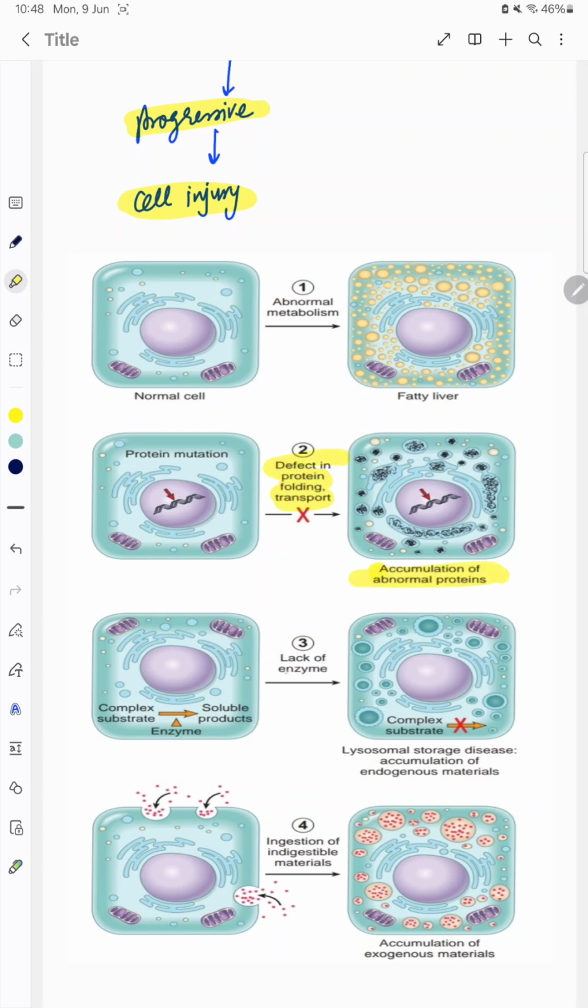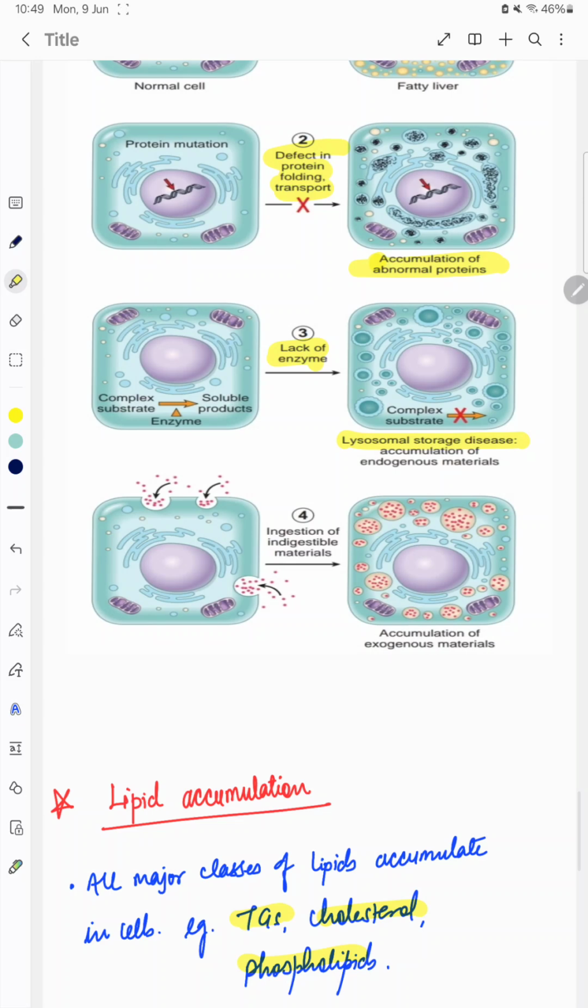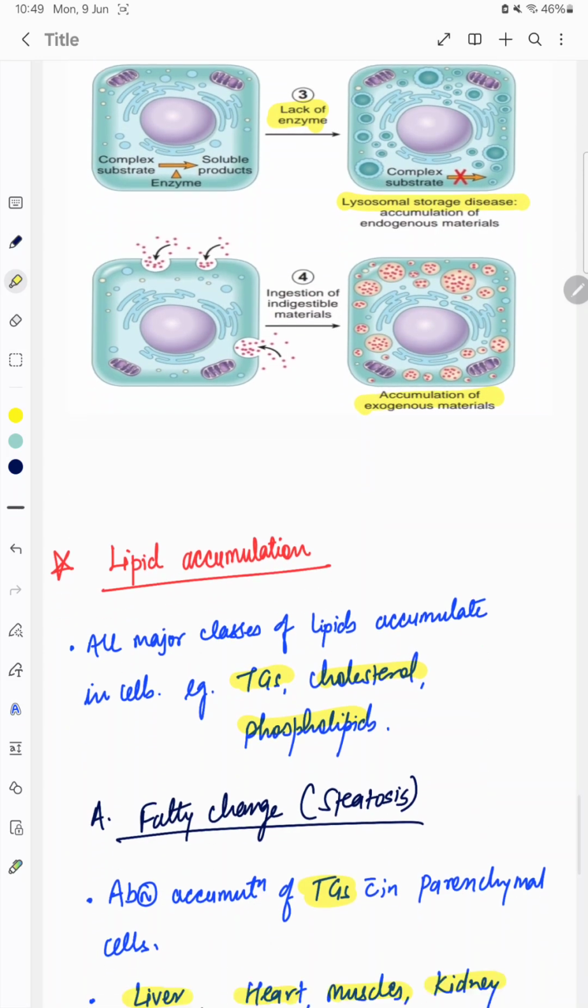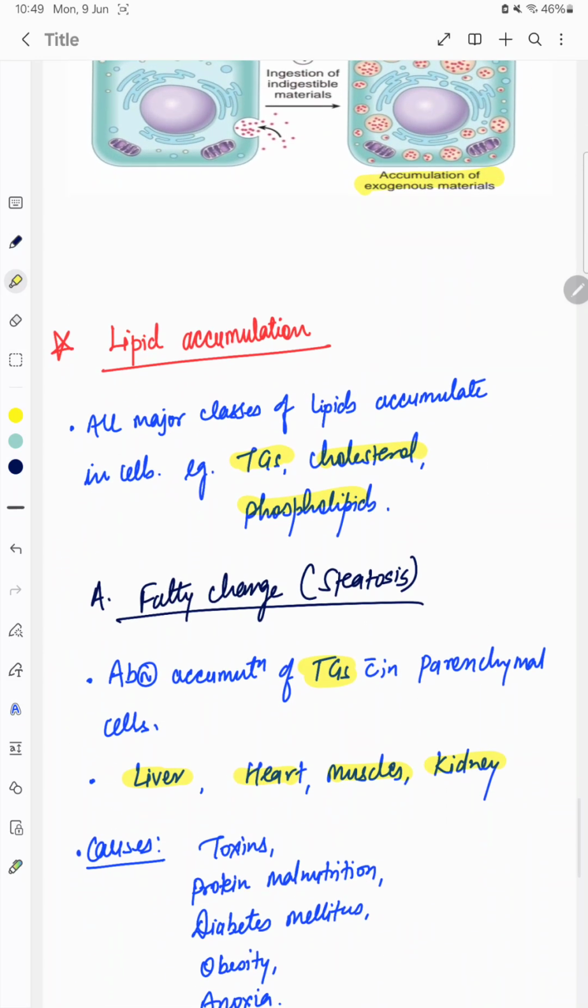In the third mechanism, lack of an enzyme responsible for the degradation of complex substances is seen in lysosomal storage diseases. And the fourth mechanism is ingestion of an exogenous substance. Now we will see them one by one.